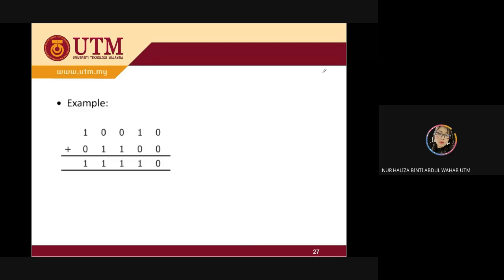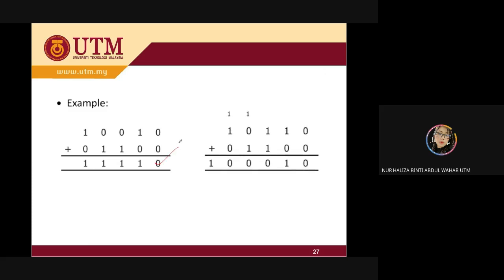Let's take a look over here. Example. You have 0 plus 0, you get 0. 1 plus 0, you get 1. 0 plus 1, you get 1. So easy. There is another one, which is when you apply carry. 0 plus 0, you get 0. 1 plus 0, you get 1. 1 plus 1, you will get sum as 0, 1 carry. 1 plus 0, you will get 1.